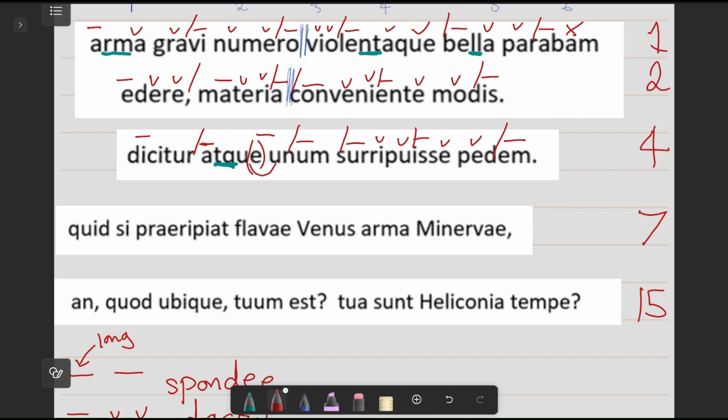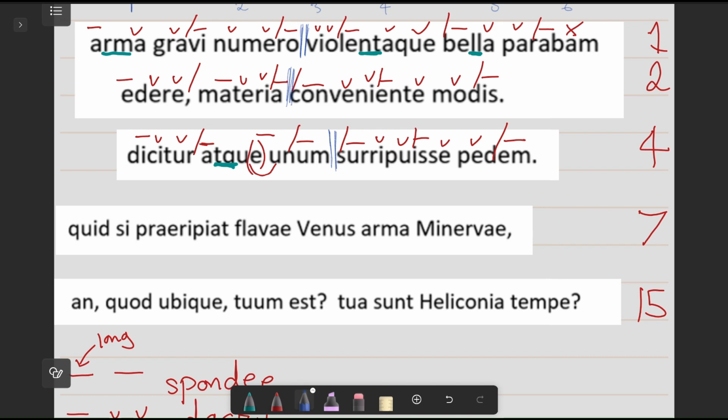That's a foot. And then we are left with dicitur, and we only need 1 foot left, so that will be a dactyl. And the caesura in this will be after unum. So dicitur atquunum su... Oh, I didn't do the caesura. Let me try again. Dicitur atquunum surrepuisse pedem.